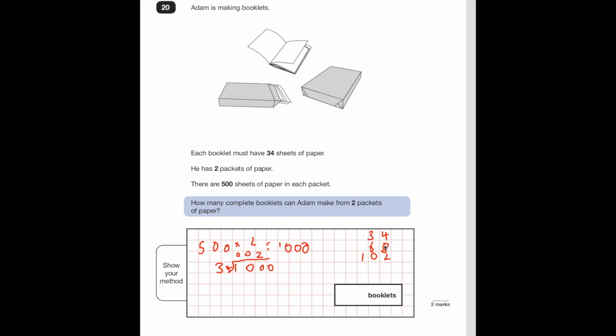Remainder 32. So how many 34s fit into 320? Well, we're going to have to continue with these multiples. I've carried on with the multiples, each time adding 34, and I've arrived at a number that's more than 320. I've got to 340.